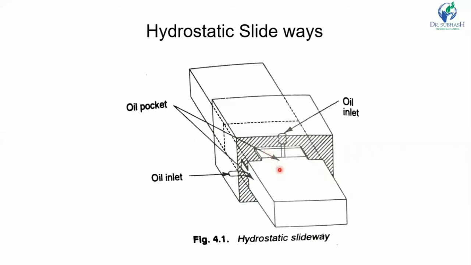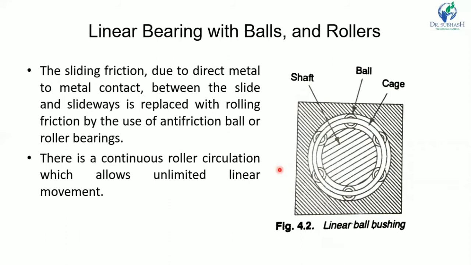Then the next one is the linear bearing with balls and rollers. You can see here the linear ball bushing. In this case, the sliding friction due to direct metal to metal contact between the slide and slideway is replaced with rolling friction by the use of anti-friction ball or roller bearings. Here the balls or rollers are used, so that sliding friction is replaced by rolling friction.